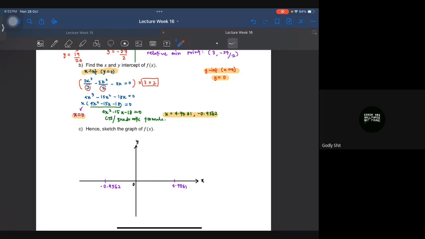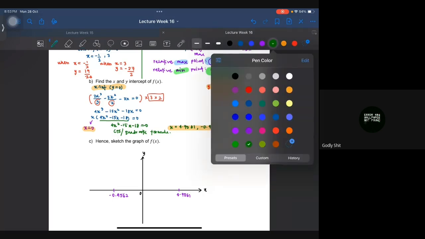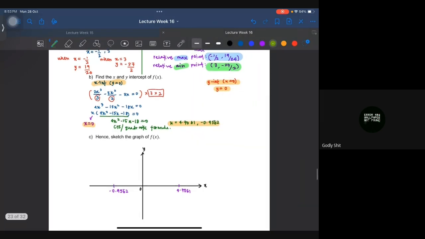Okay, settle. Right, seterusnya let's label our relative maximum as well as our relative minimum. Okay, so the blue one is your maximum and then the green one is gonna be your minimum. Okay, so label dulu yang warna hijau tu, so dia dekat 3. 3 is somewhere here. Okay, and then negative 27 over 2 is down here.